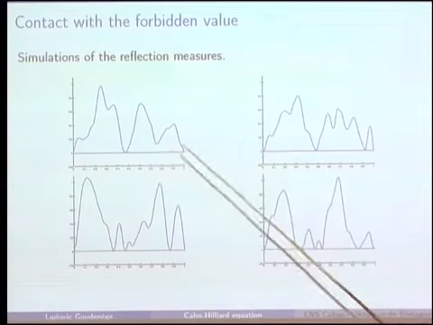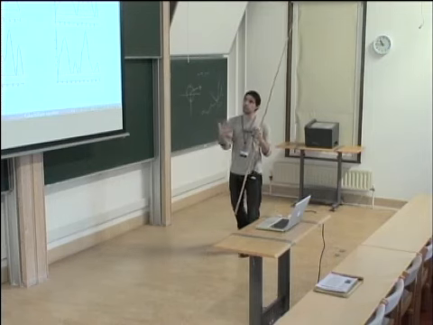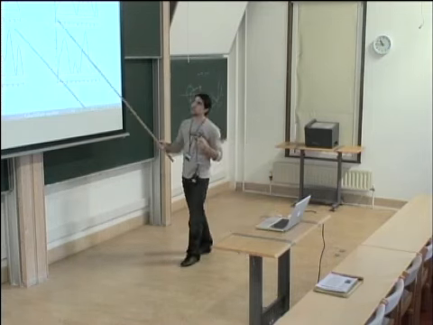So you have the solution, and because of the Wiener process, it wants to escape the positive interval and go into the negative part. So you have the measure which acts when the solution wants to break the forbidden value, the zero forbidden value.